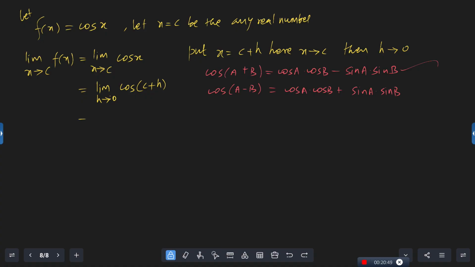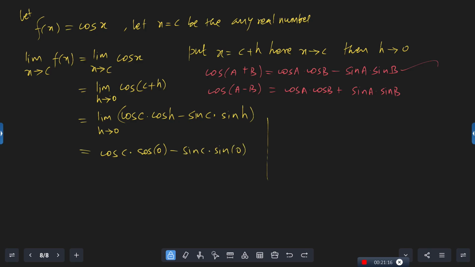What is that? Limit h tends to 0 of cos(c+h): first cos c into cos h minus sin c into sin h. So this is the function now. Apply the limit, children. H tends to 0, cos c into cos h value 0 minus sin c into sin h value 0.